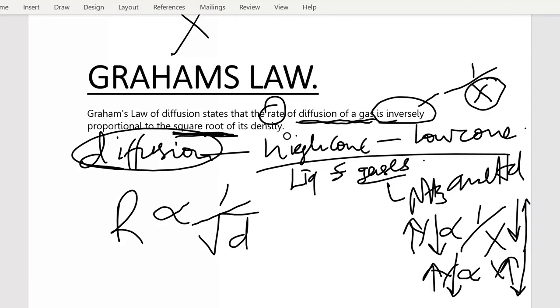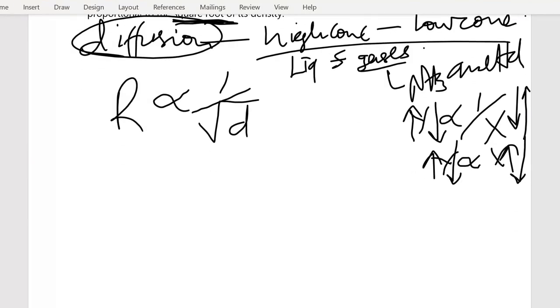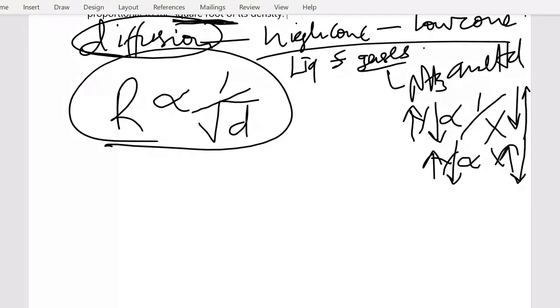So in Graham's law, if we are saying the rate of diffusion of a gas is inversely proportional to the square root of its density, from this equation, can we introduce a proportionality constant C?